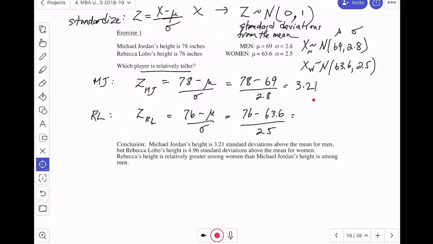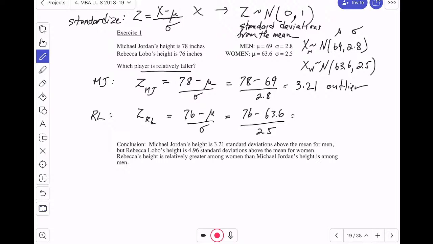So what do we call that? 3.21 makes his height, he's an outlier, right? In height. Because beyond 3 standard deviations, we call an outlier for symmetric distributions.